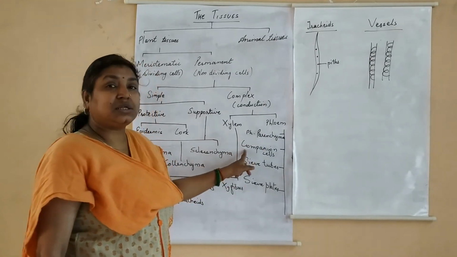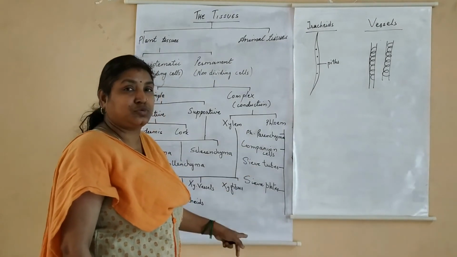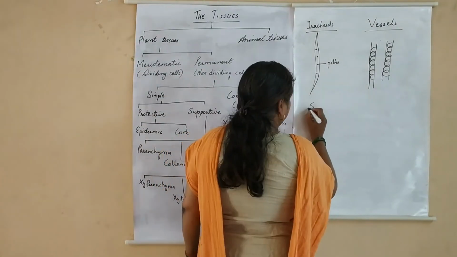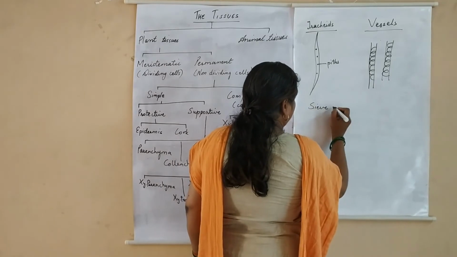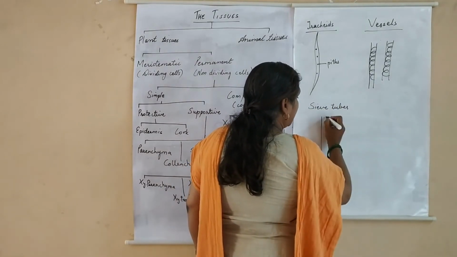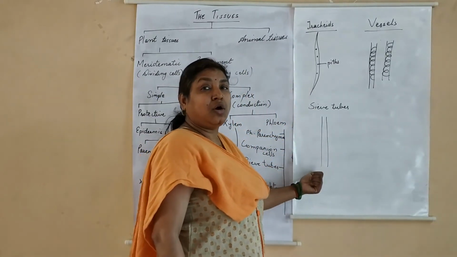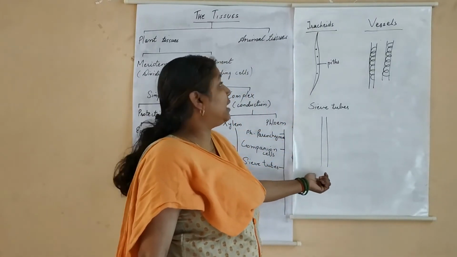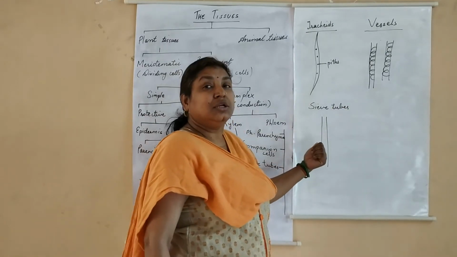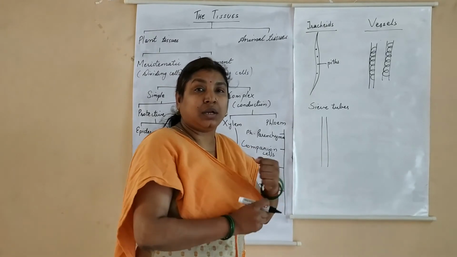Coming to companion cells, these are associative cells present along the sieve tubes. Now what are sieve tubes? The sieve tubes are again cylindrical elongated tubes, just like xylem vessels. These are also cylindrical elongated tubes placed one above another.